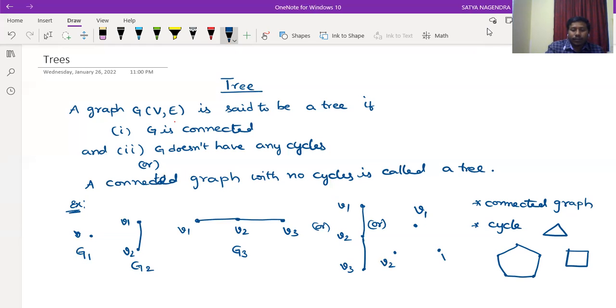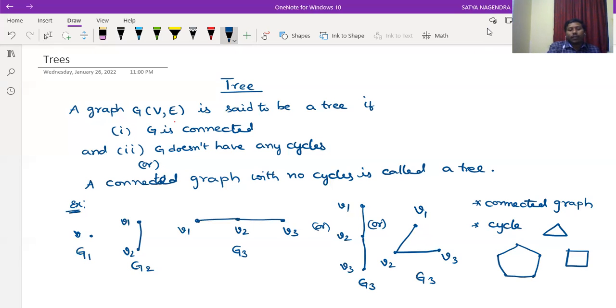V1, V2, V3. The geometric representation is not unique for a graph. So V1 and V2 are adjacent. Next, V2 and V3 are adjacent. So we should not take an edge here. Take this one, so join these two vertices. So this is also representing G3 only. This is also G3 only. So all these are trees.